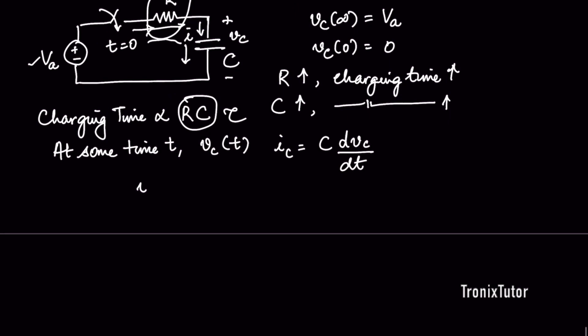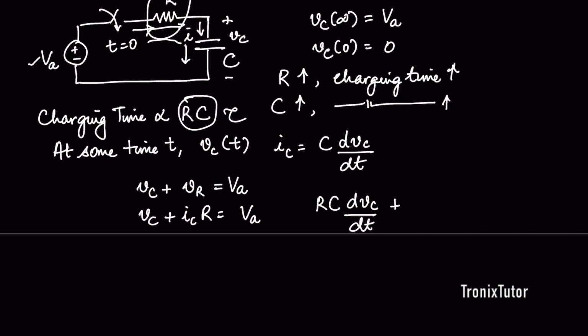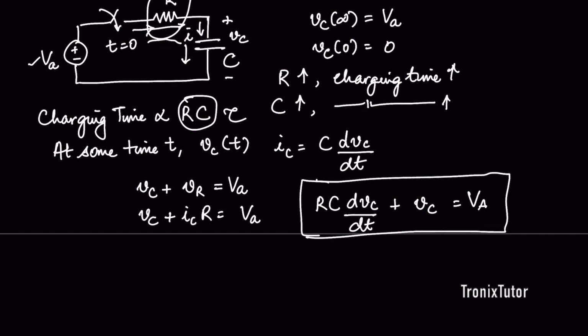So what I know is Vc plus VR should be VA. Vc plus VR is going to be IC times R is equal to VA, or you have RC dVc by dt plus Vc is equal to VA. And this is the characteristic equation that is governing this charging process.